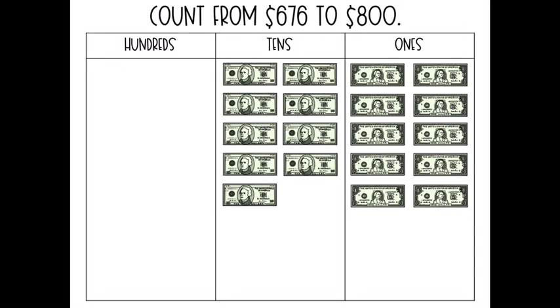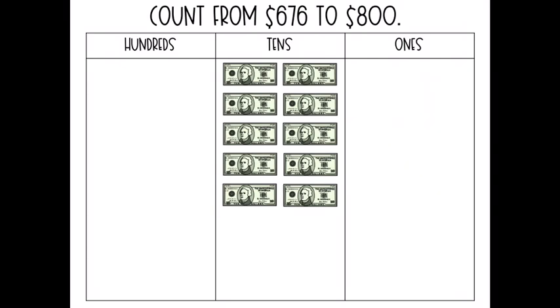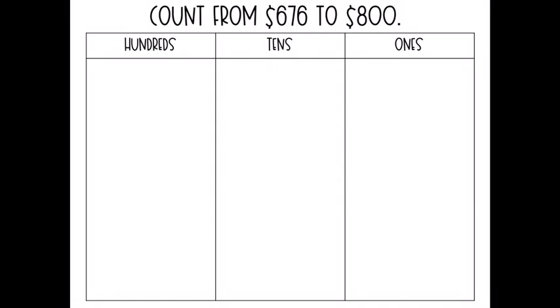There's 10 ones, so we're going to make a 10. But if we look, we now have 10 tens. Does anyone know what to do when we have 10 tens? If you said make 100, you're exactly right. So we're going to bundle our 10 tens to make 100.